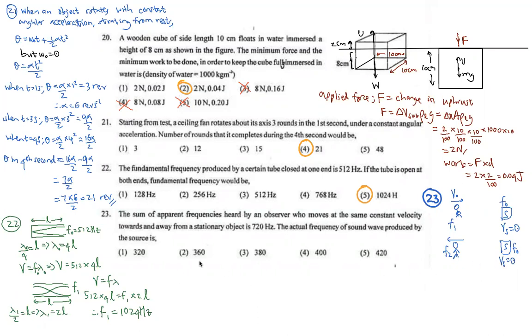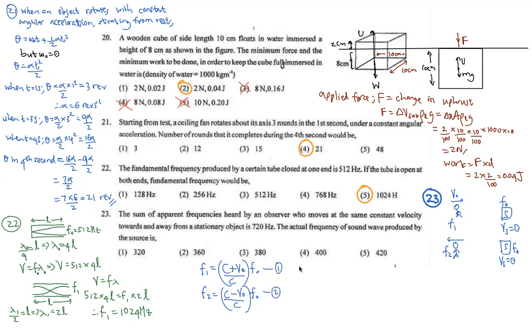So F1 is equal to (C plus VO) over C into F0, and F2 is equal to (C minus VO) over C into F0. This is equation 1 and equation 2.